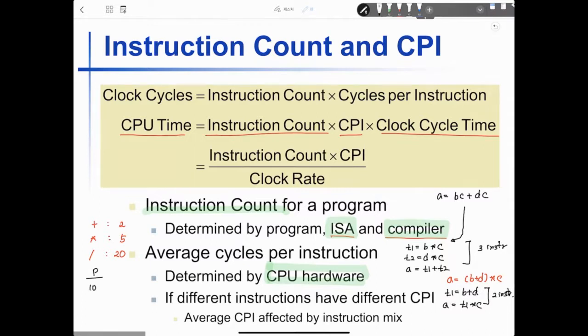If we are looking at the program P, it has 10 plus operations and 5 multiplications. Then what about the average CPI? Let's assume there is a program with this kind of code, A equal B plus C, and B equal A plus D, and so on.